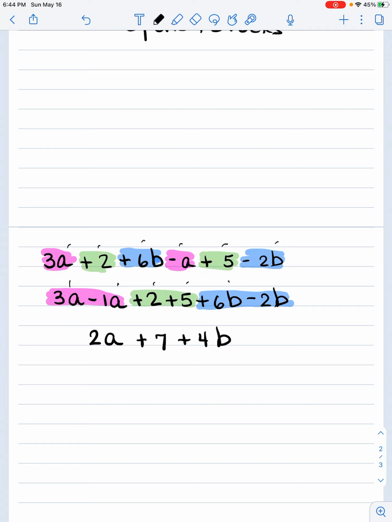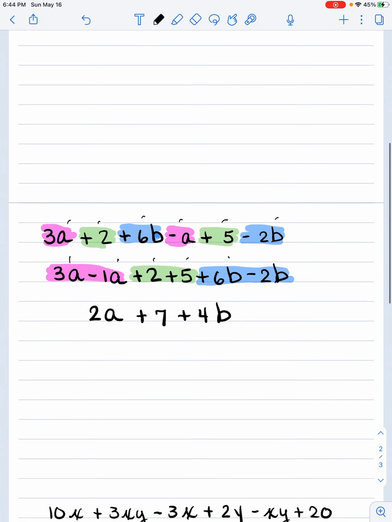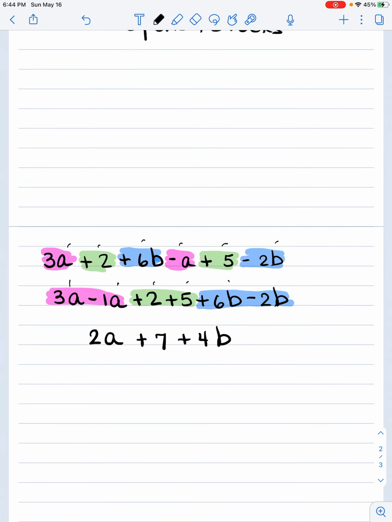Because when I combine my B terms, 6B minus 2B is 4B. And usually what we do is we write our expressions with the constant last, and we write it in alphabetical order when we order the variable terms. So this would be 2A plus 4B plus 7.